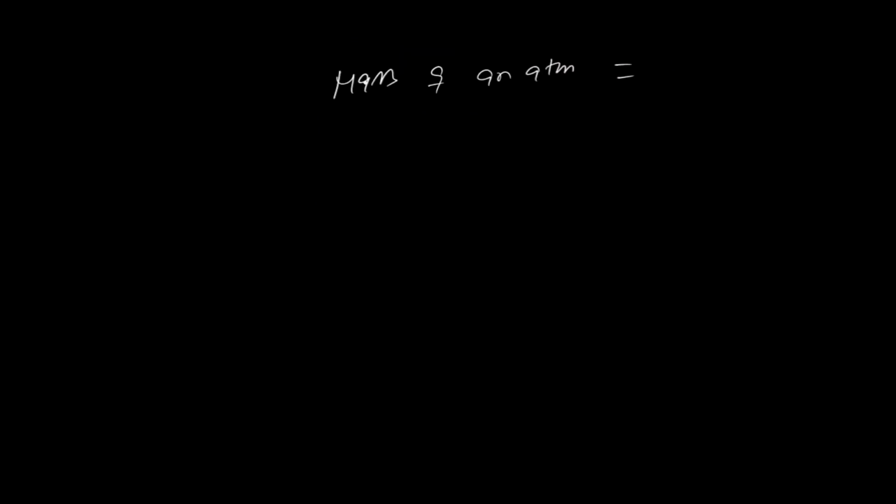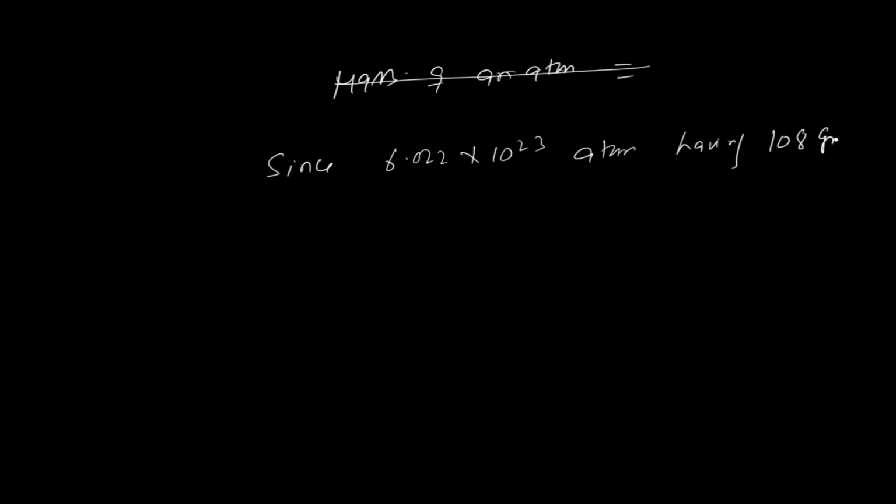Since 6.022 into 10 power 23 atoms have 108 gram mass, and they are asking for one atom, one atom will have 108 divided by 6.022 into 10 power 23. When you solve, whatever comes will be your answer.